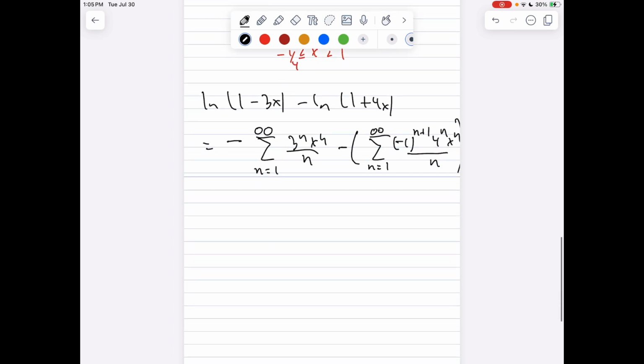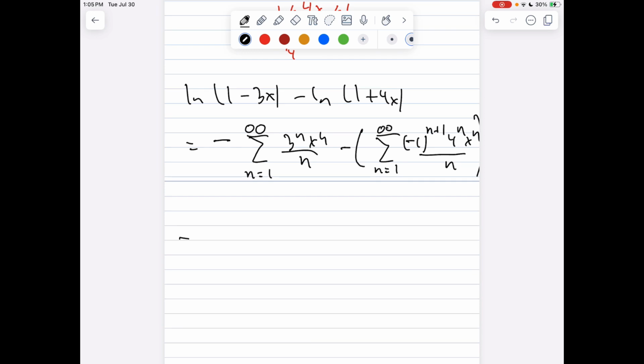And well, let's do this. I'm going to take the negative that you see here, and I'm going to bring that in. And this is going to be negative 1 to the n plus 2, 4 to the n, x to the n over n.